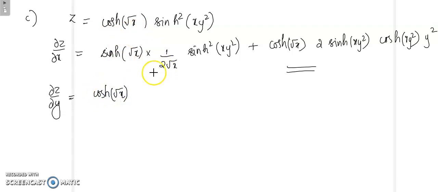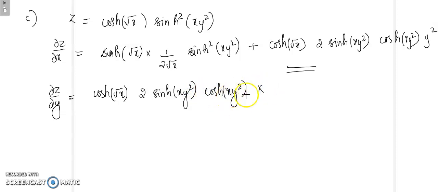For the second term, the derivative will be 2 sin h xy square into cos h xy square into the derivative of xy square with respect to y, so that will be 2xy. So this is the required derivative.